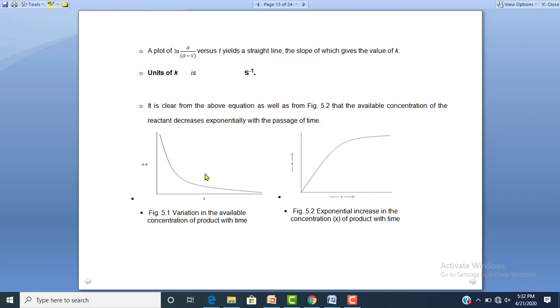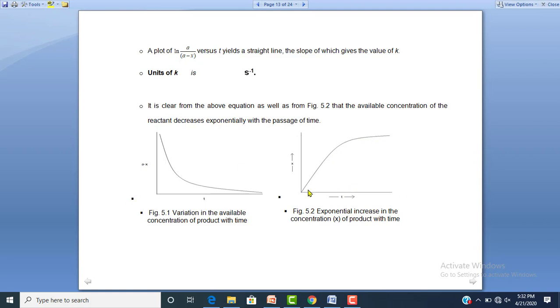If we draw a plot between a minus x along y-axis and time t along x-axis, then we obtain the equation 5.1, which shows the variation in the available concentration of reactant with time. But if we plot the values of x along y-axis and time t along x-axis, then we get a curve like this one.